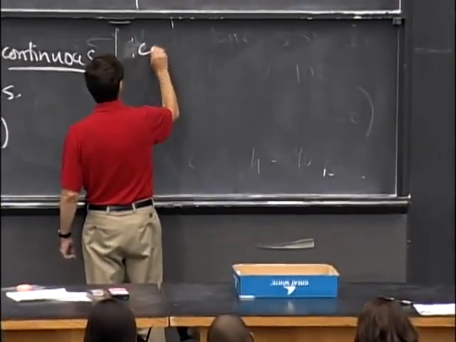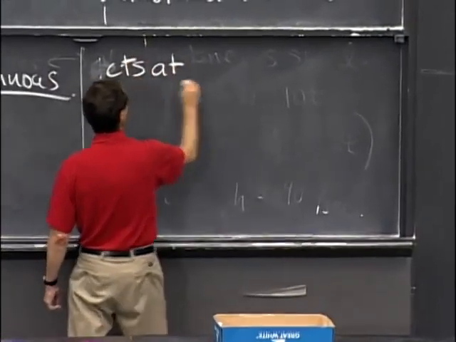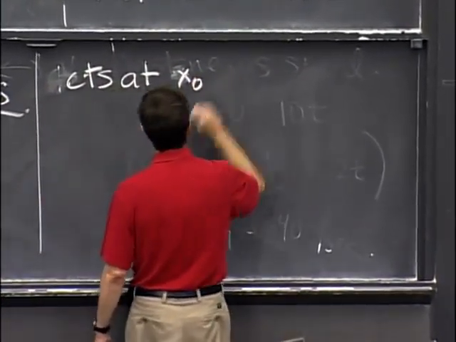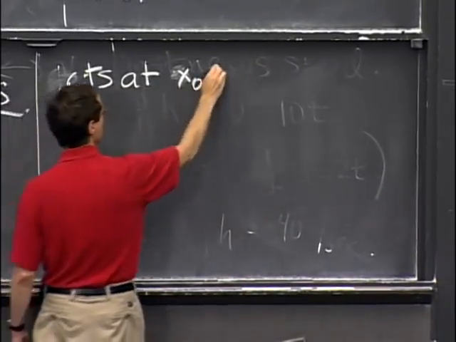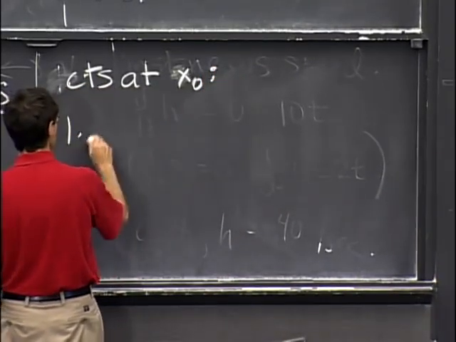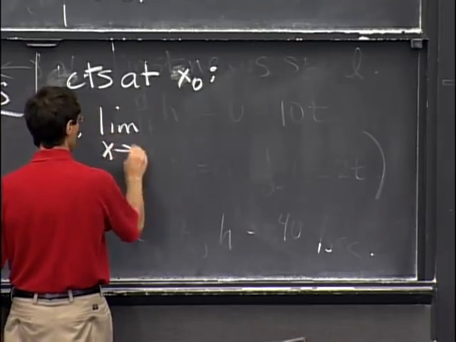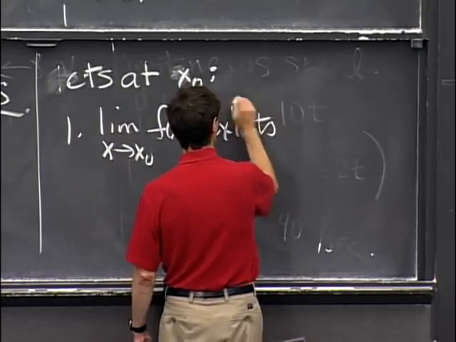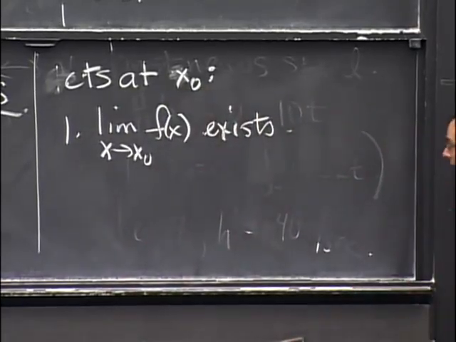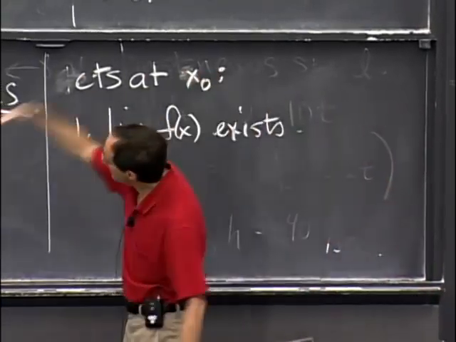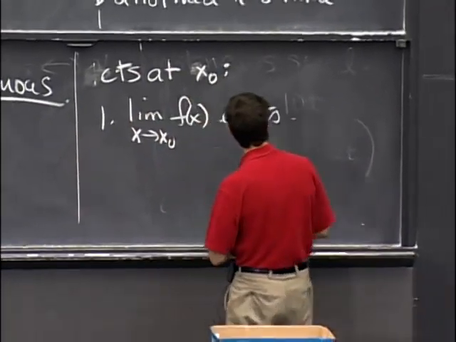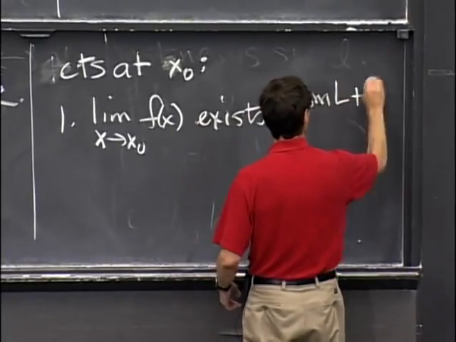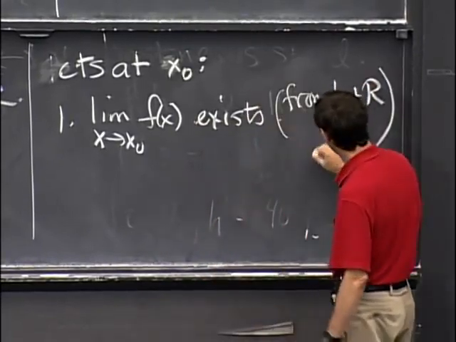So continuous at x0 has various ingredients here. So the first one is that this limit exists. And what that means is that there's an honest limiting value both from the left and right. And they also have to be the same.